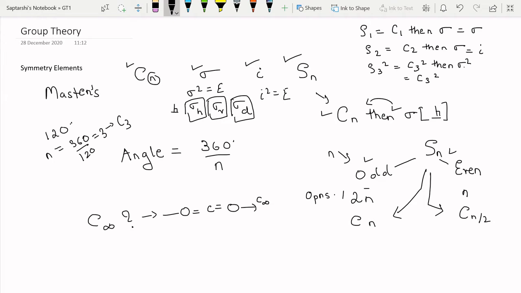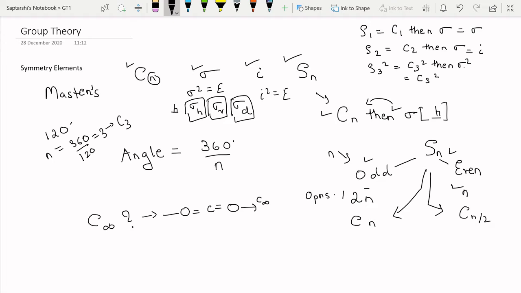If n is even, suppose S4, it will just require n operations, so 4 operations, as in S4^1, S4^2, S4^3 and S4^4 to reach E, the exact identical configuration. Do remember that identical and equivalent are not the same thing.